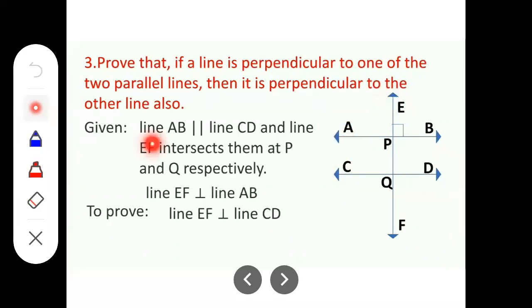What is given? Line AB is parallel to line CD, and line EF intersects them at points P and Q respectively.